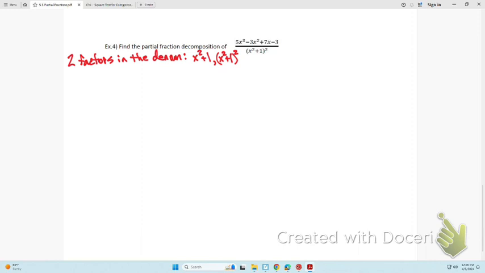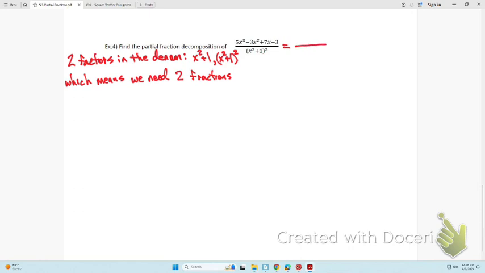That means we need 2 fractions. And if you worked number 3, you see that we have quadratic factors. That means we need linear numerators.